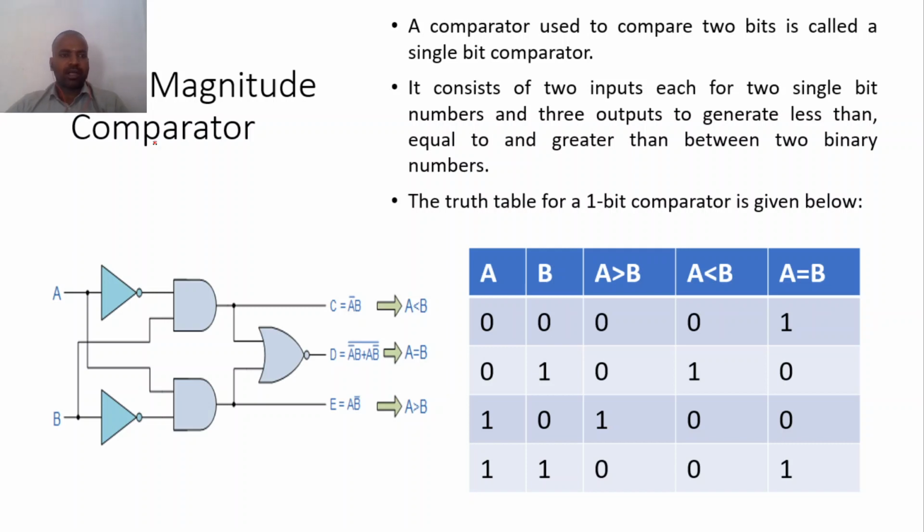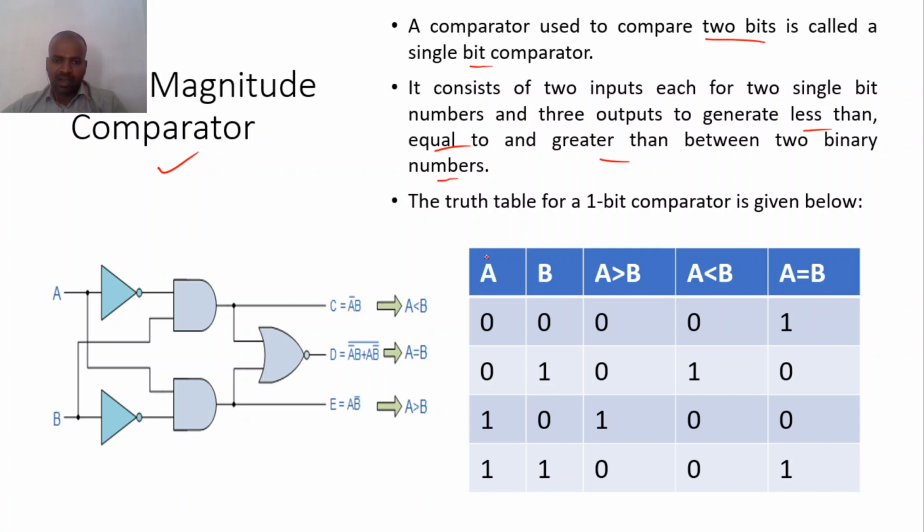First, the 1-bit magnitude comparator. A comparator used to compare two bits is called a single bit comparator. Keep in mind, it is called a single bit comparator or 1-bit comparator. It consists of two inputs, one for each single bit number, and three outputs to generate less than, equal, and greater than between two binary numbers.